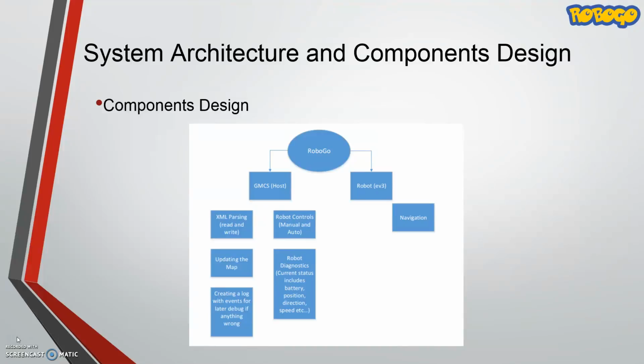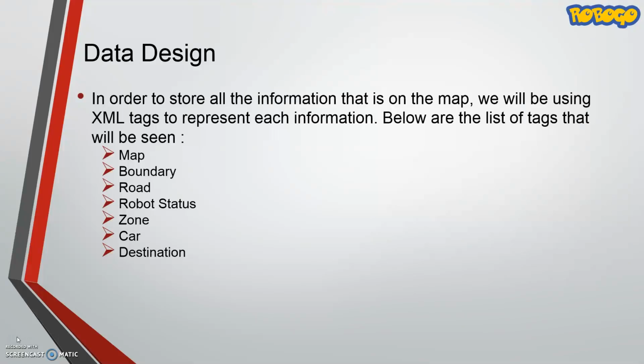Because the host is more powerful in terms of physical hardware, it does most of the functions, like XML parsing and writing, updating of the map, and all the algorithms, the A-star search and everything. This is the component design for our RoboGo software.